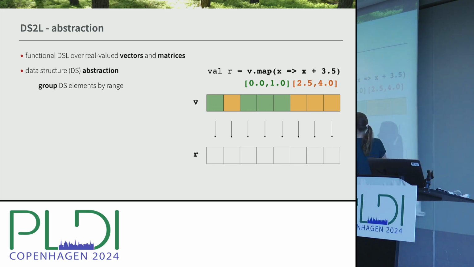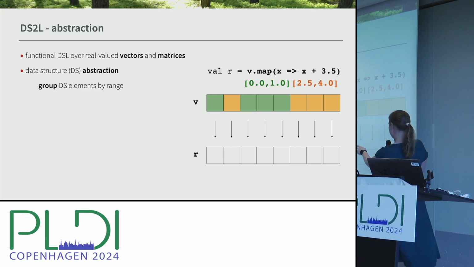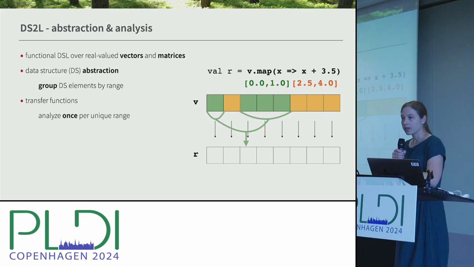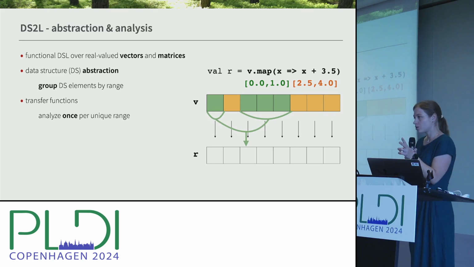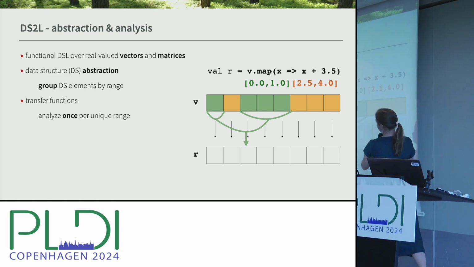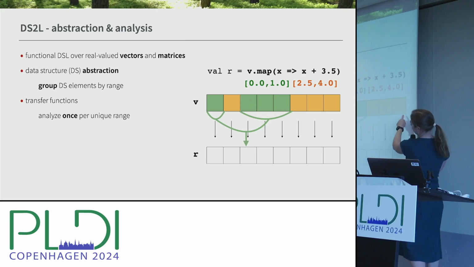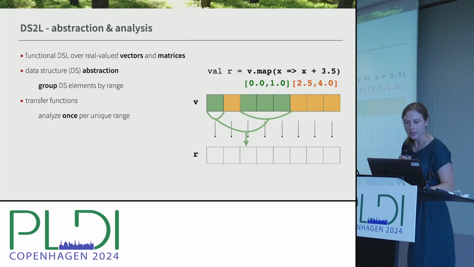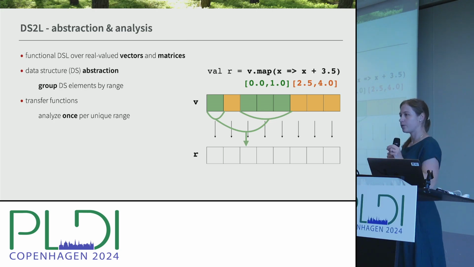If we unroll, we have to do this computation 8, 10 times. But what we really only need to do is to do this computation twice. We only need to look at one of these green elements and one of the orange elements. Similarly for the error analysis, we only have to compute the errors once for the green and once for the orange ones. And that's basically what we're doing.